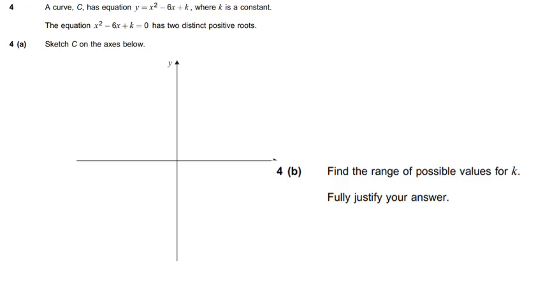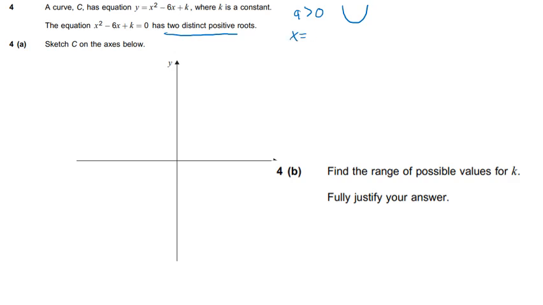Question 4. A curve has equation y equals x squared minus 6x plus k, and we're also told it has two distinct positive roots. Okay, so what do we know? Well, first of all, it's a quadratic where the x squared coefficient a is positive, so it's going to be a U-shaped curve.